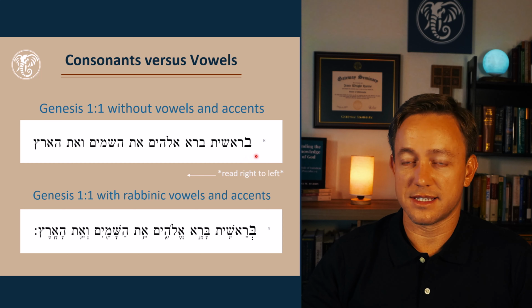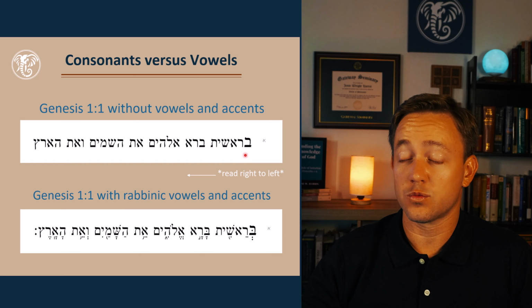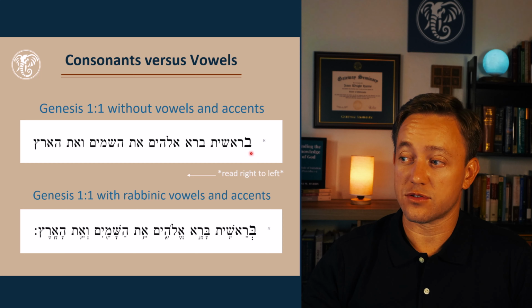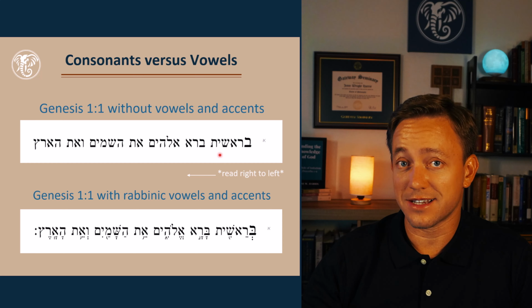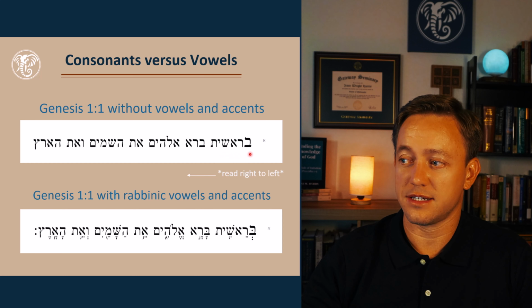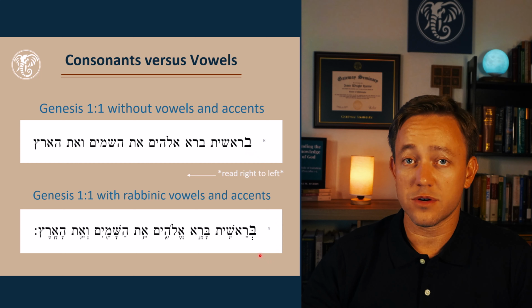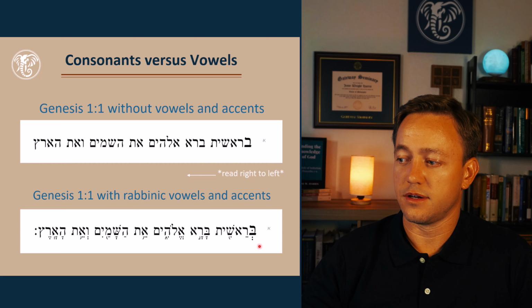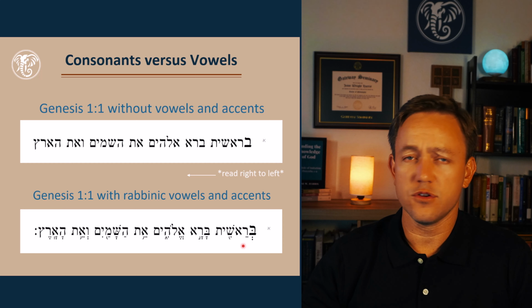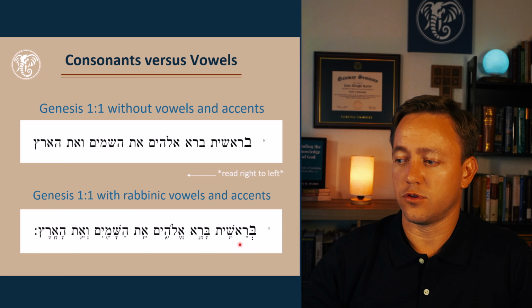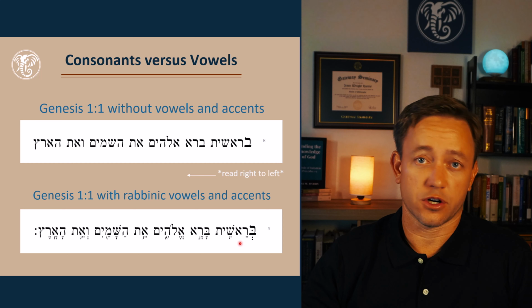So in our top example here, we have that same phrase from Genesis 1:1 without the vowels. So as you can see here, these are just the consonant letters. And we're going to be learning all of these letters in the alphabet throughout our course here. But as you can see in the lower example, in this variation, there are all these little dots and dashes and markings, which are both vowels and a few other helpful notations for accents and other things for grammar.